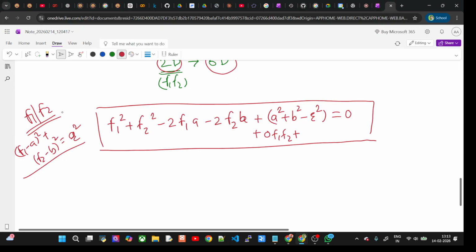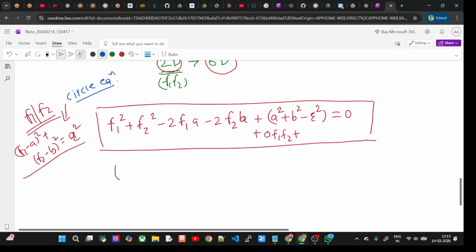That is called the circle equation. So I considered the two dimensions f1 and f2.